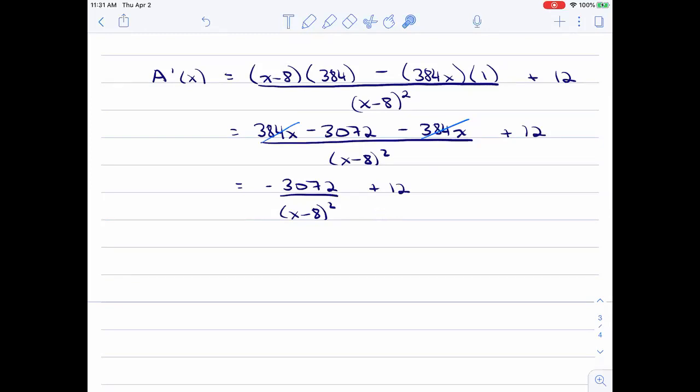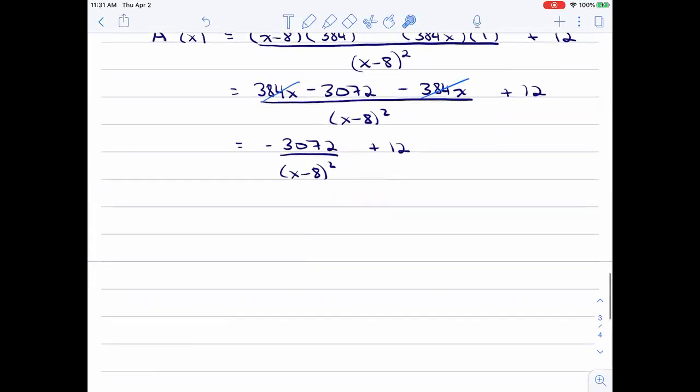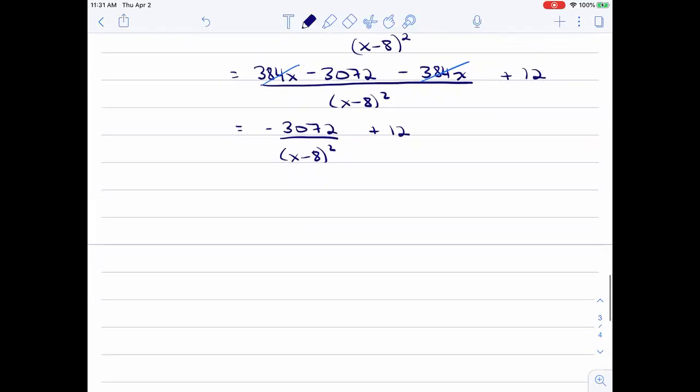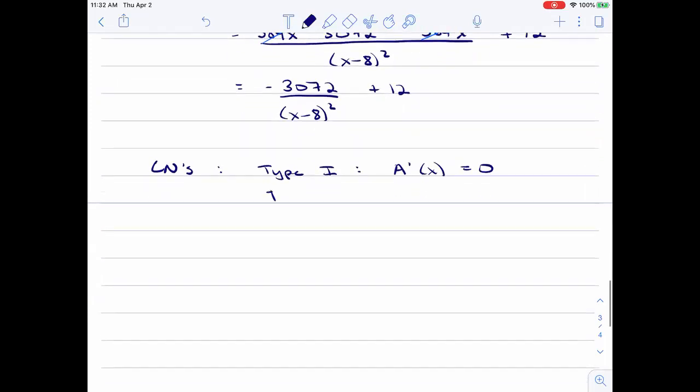So this is going to help me find my critical numbers. The first thing is we're going to find the critical numbers. Type 1 is when A prime of x equals 0, and type 2 critical numbers is when A prime of x does not exist, which is obvious here when x equals 8, because the derivative doesn't exist as I'm dividing by 0.